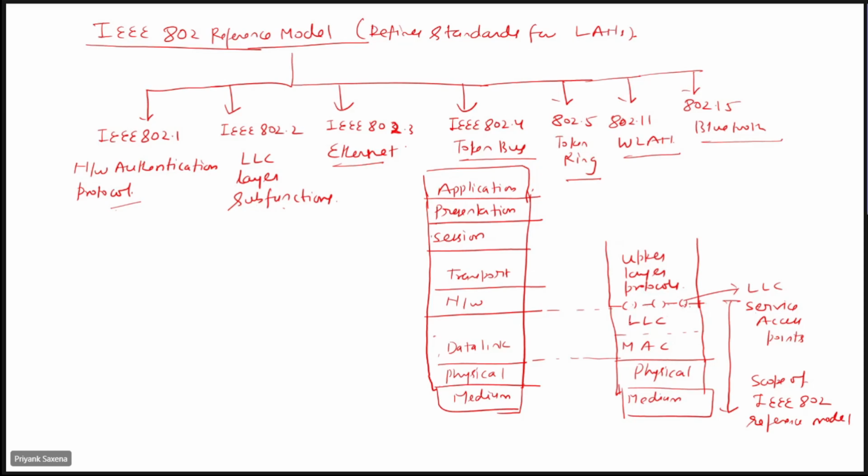I told you the LLC provides three types of services: acknowledged, connectionless, and connection oriented services. Just like your SDLC, some of which you have studied, and the MAC portion we have completed, right? So this is basically the scope of the IEEE 802 reference model, from the medium to this. So they dictated that this link layer should be divided like this, right?